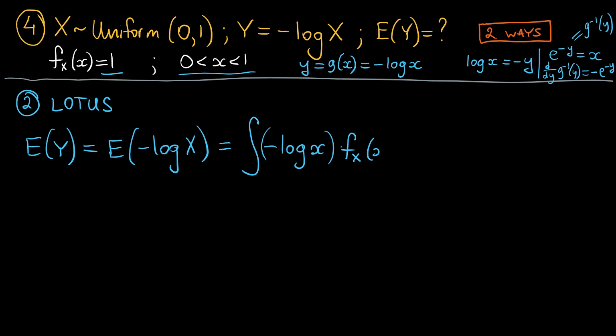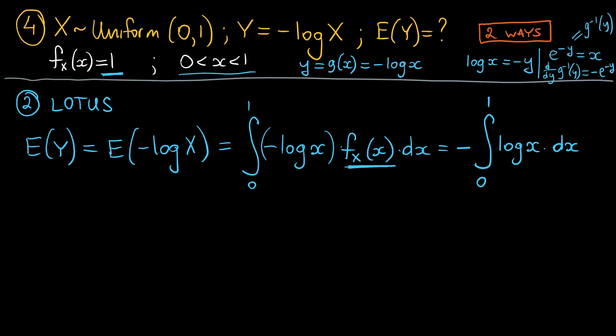The PDF of x dx. And we go with the support of x, which is from 0 to 1. Now the PDF of x is just 1, right? So this is just 1. And so what we really have here is minus the integral from 0 to 1 of log of x dx.